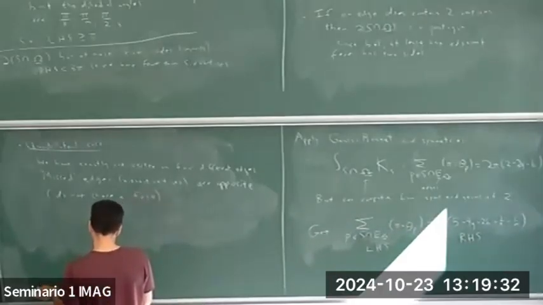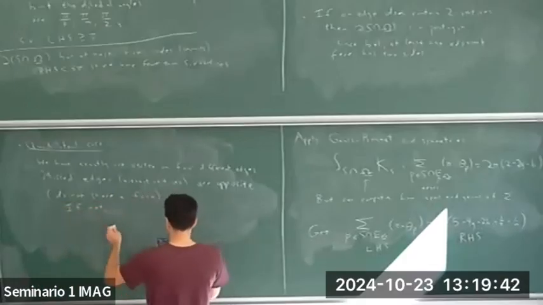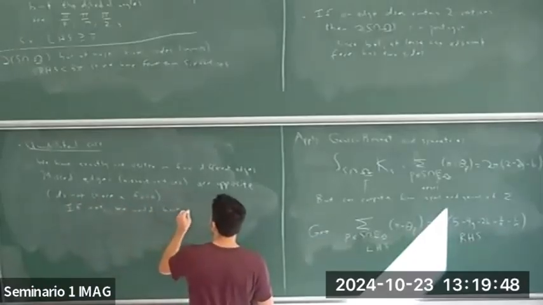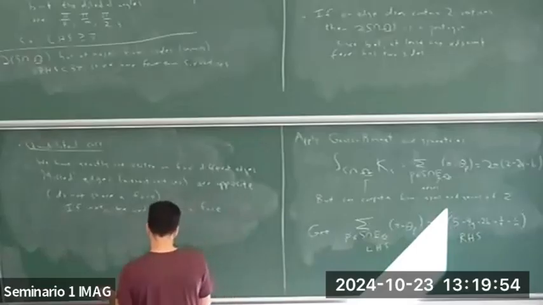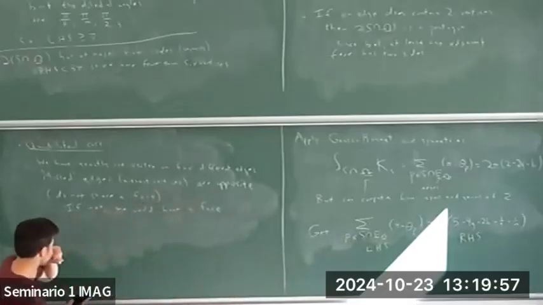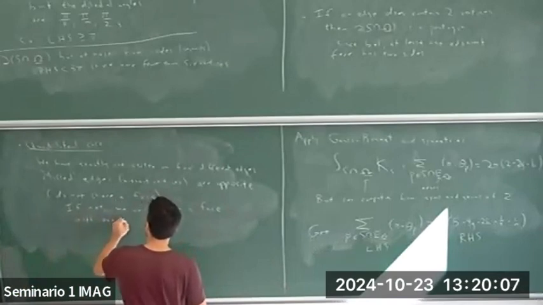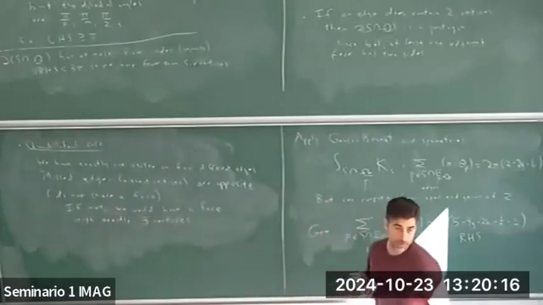And why is that? Right, if not, then I would have to have a face, actually more than one face, but at least one face with exactly three vertices. But I have only one side on that face.